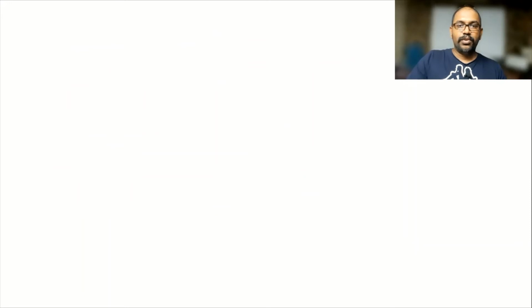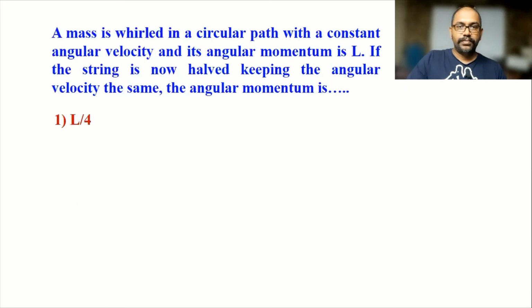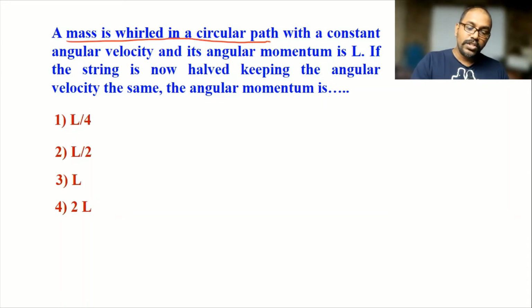Now we go for the next question. See here: a mass is whirled in a circular path with constant angular velocity, and its angular momentum is L. If the string is now made half, keeping the angular velocity the same, then we have to find the angular momentum. So the mass is whirled in a circle with constant angular velocity, so omega is constant here.